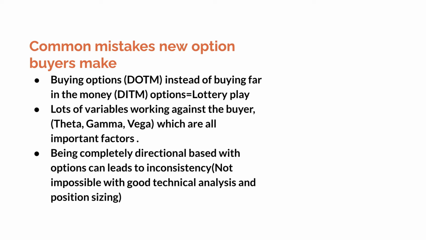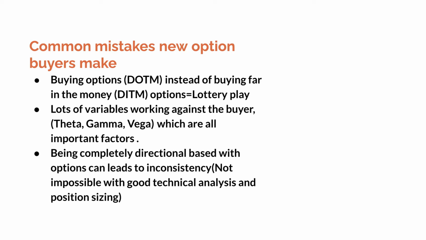It looks good, and you could potentially pay a low premium for a deep out of the money contract. Let's say maybe 40 cents because you're 50 points out of the money. You can get these cheap contracts, but what they don't know is that this is essentially a lottery play.